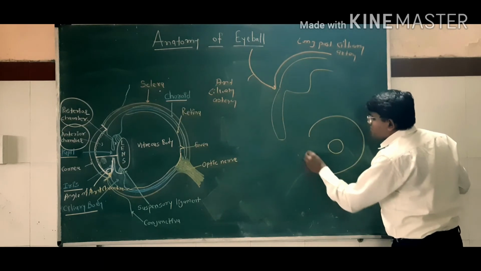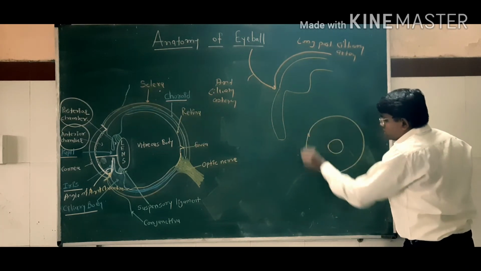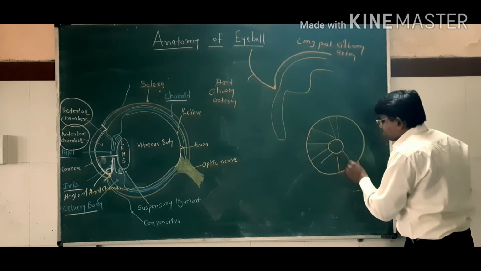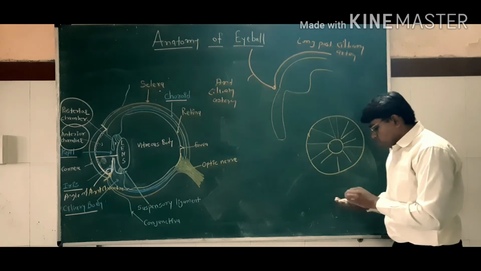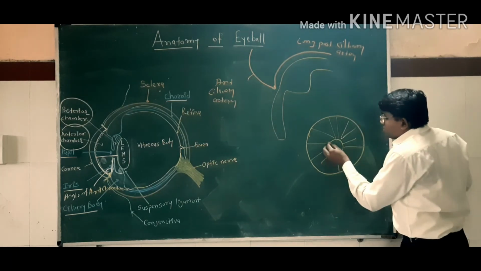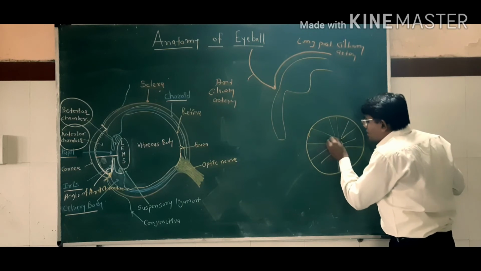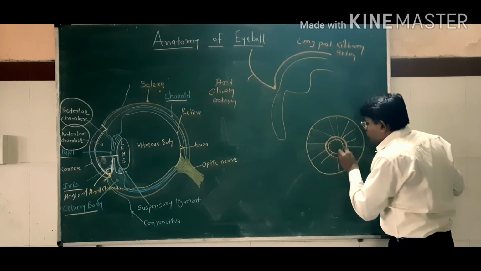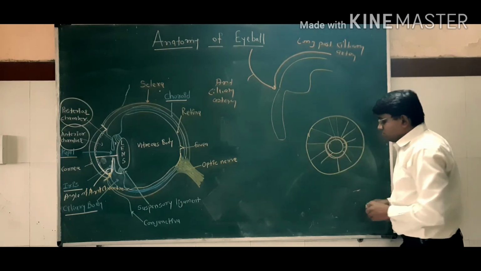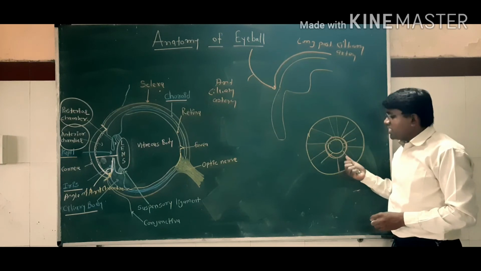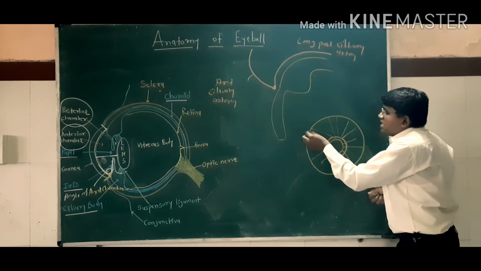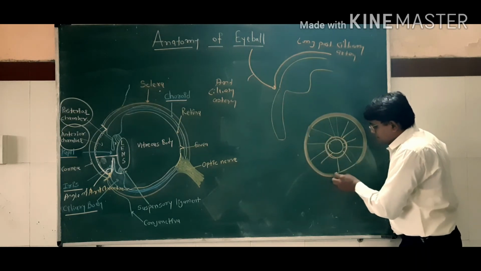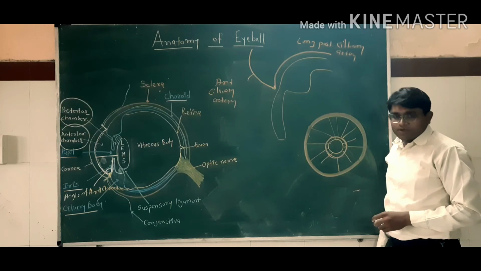Here is the pupil, this is the cornea, and here is the iris. In this area there is a sphincter, known as the sphincter pupillae, and on its peripheral area there is another muscle, the dilator pupillae muscle.